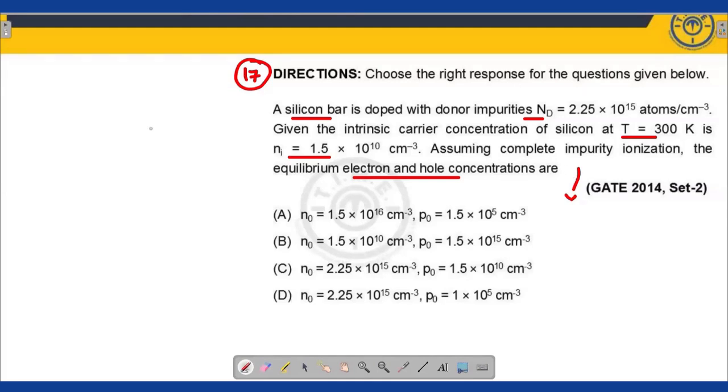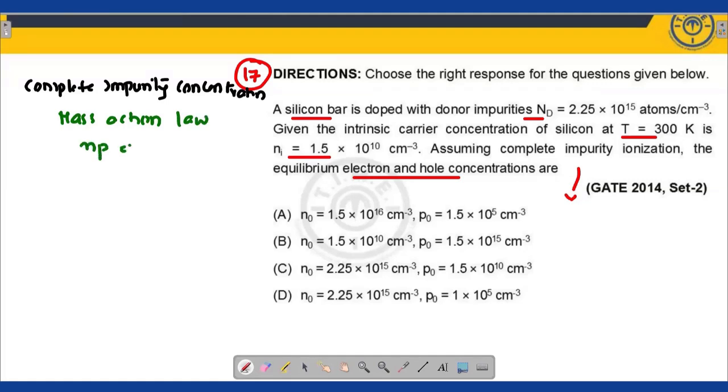So here, very important, complete impurity ionization means the mass action law will change like this.